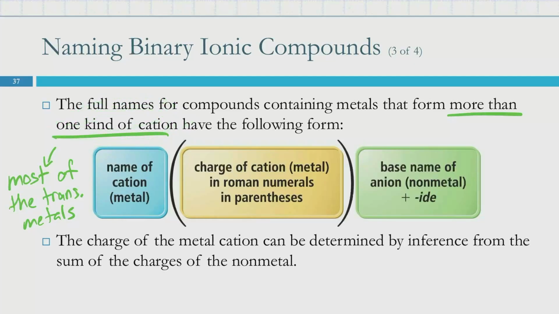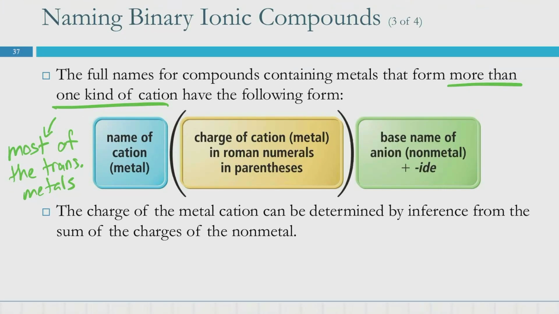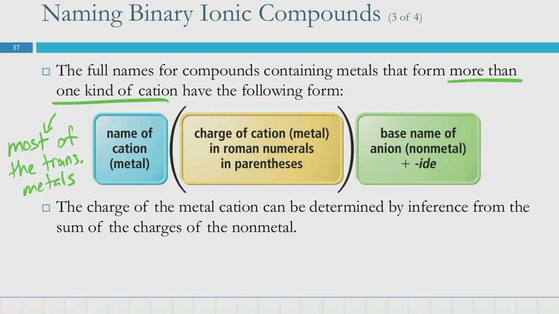So when we name them, we need to include the charge of the cation in Roman numerals in parentheses so that we know what the charge is. And the charge, if we're starting with the name, can be determined by inference. What we really mean here is math of the sum of the charge of the nonmetals. And we'll see examples of that. So this is kind of the same thing. We just have to specify what the charge is since it could be different things.